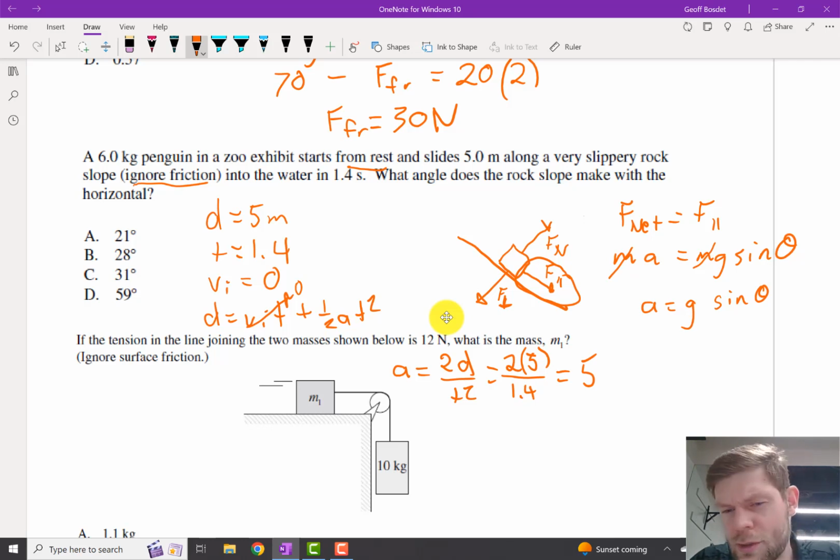It's 1.96, close enough. So I'm going to say my acceleration is 5 meters per second squared, because it pretty much is.